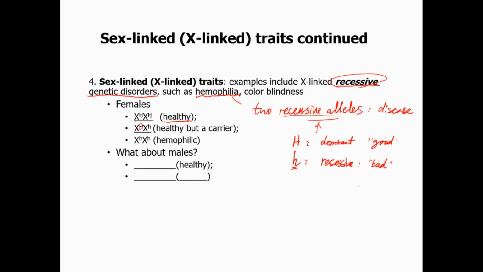The dominant is going to mask the recessive, so the female is still going to be healthy, but she is a carrier, because she is carrying one bad gene which could potentially be passed on to the offspring. So she's healthy, but she's a carrier. If she has two recessive alleles, then she's definitely going to be hemophilic.